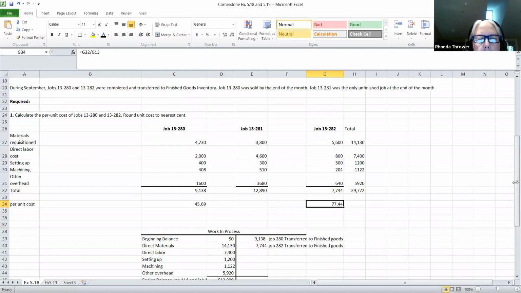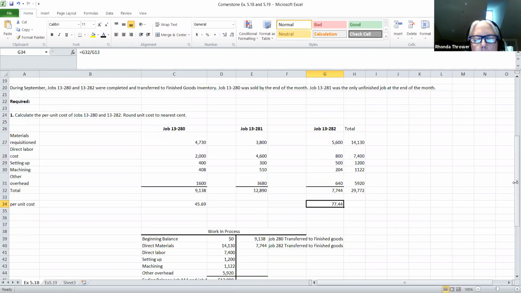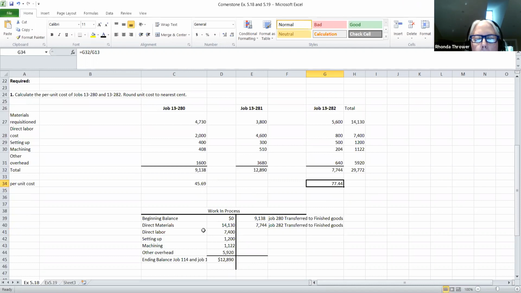And there's a second part of this where they wanted you to calculate the work in process. And so we would start with the work in process beginning balance, which was 0 because they didn't mention anything about any of these jobs being started in the last period, and we didn't bring any information forward from the last period.